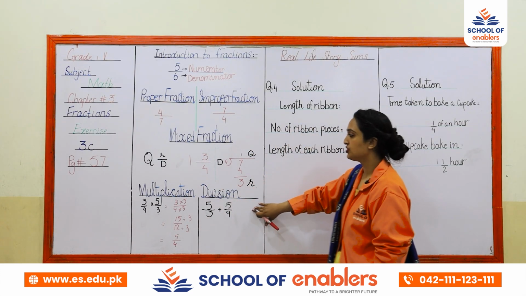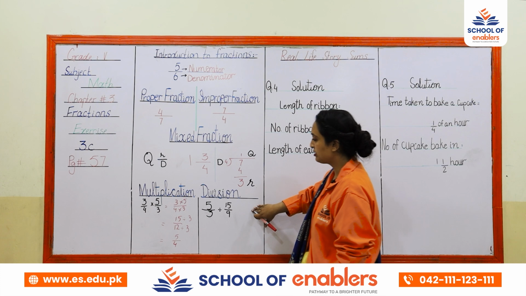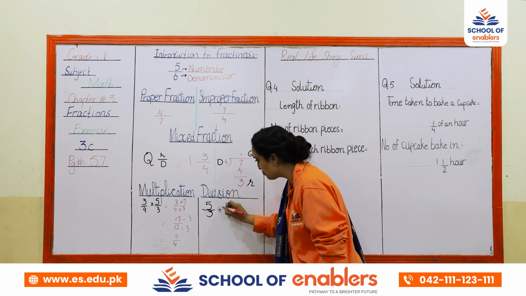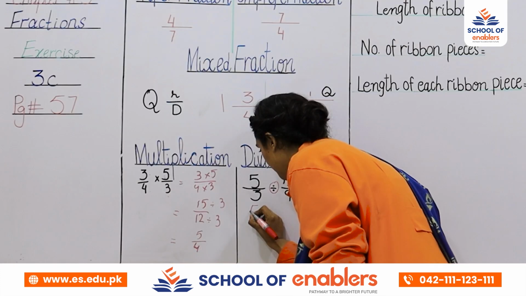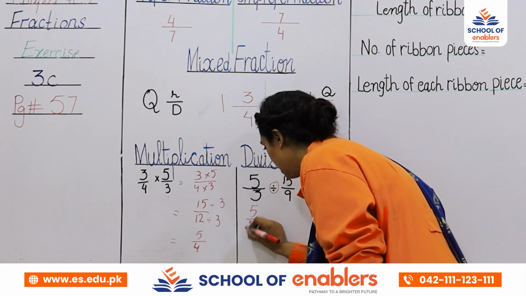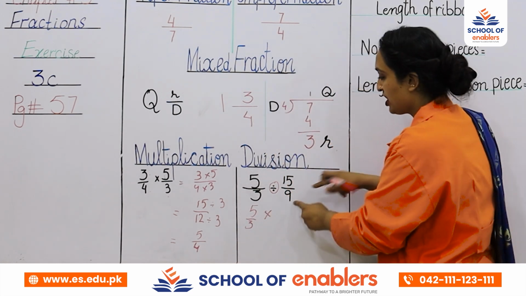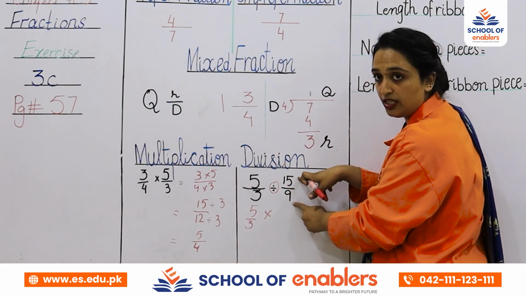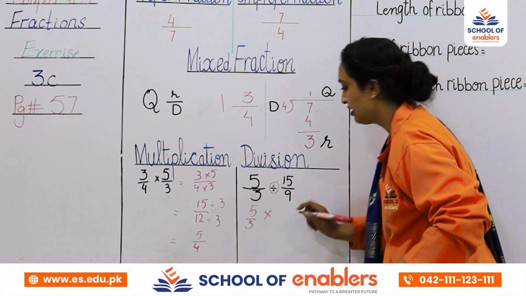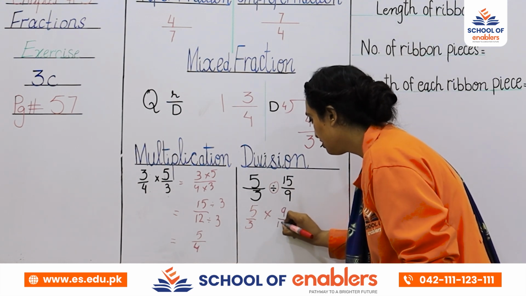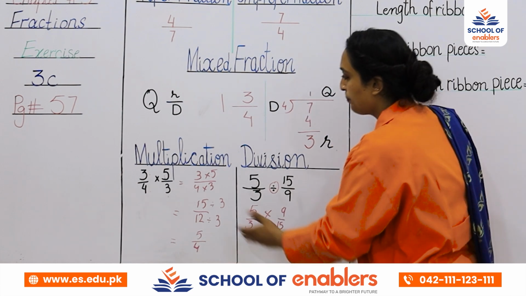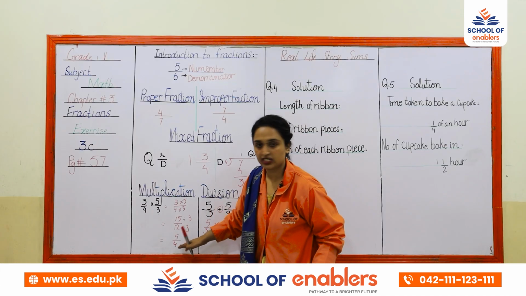Next, come to the division. In division, what we do, we change this division sign into multiplication. Then we change the denominator into numerator and numerator into denominator. How? We will write it 9 over 15. Then we repeat the same procedure as we did in the multiplication.